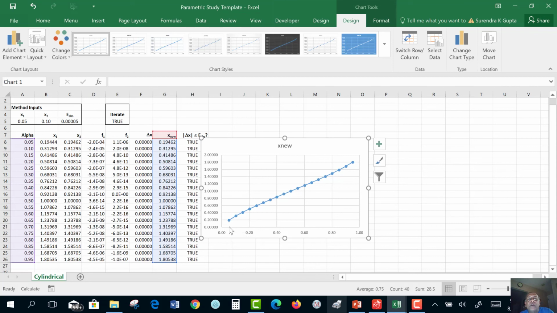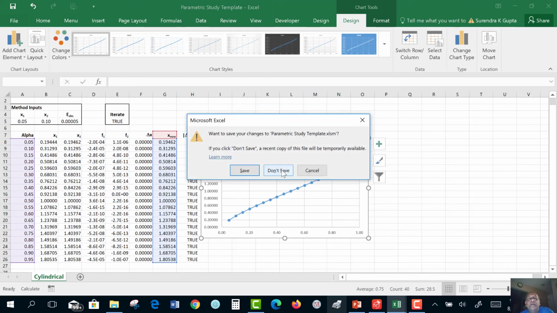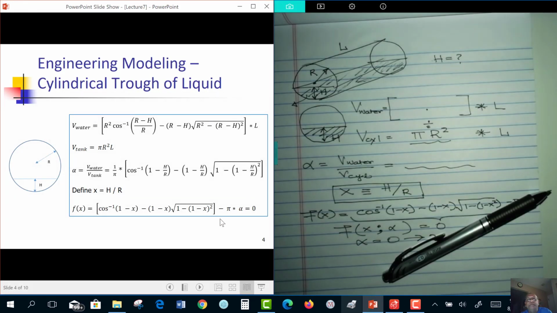As we start going from bottom up, the curve is concave down as we expect because the cylinder is getting wider, and then it is concave up because the cylinder is getting less wide as the water fills up the tank. So the height increases more rapidly. Okay, so we have solved our parametric problem.